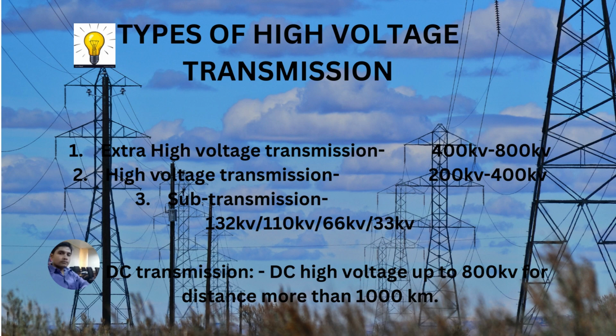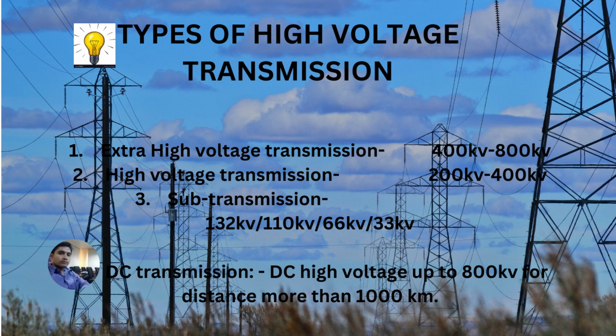Depending upon the voltage, there are 4 types of transmission. First is extra high voltage transmission, when the voltage is between 400 kV to 800 kV to transmit the power over a longer distance. When the voltage is between 200 kV to 400 kV, it is known as high voltage transmission.